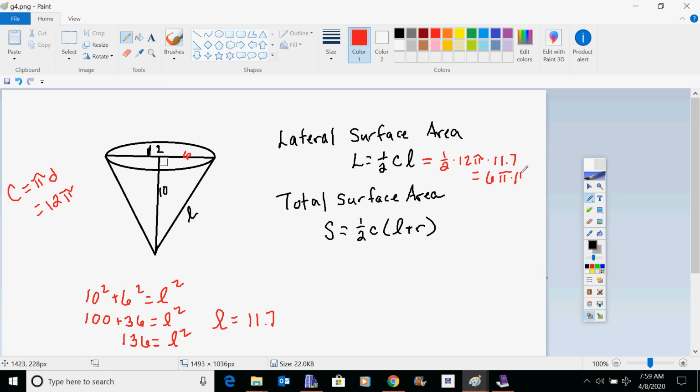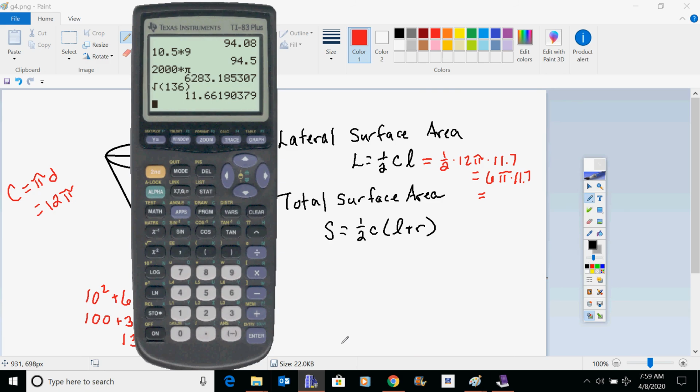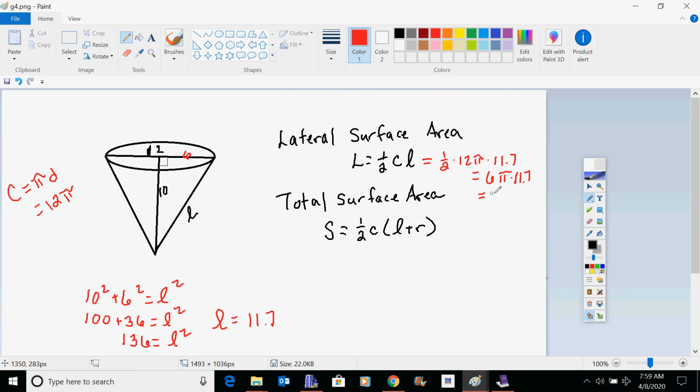And I have told you do not mix your decimals and your pi at the end, so you have to multiply this out. So I'm going to take 6 times pi times 11.7. Yes, I did a little rounding there, so about 220.5 for my lateral surface area.